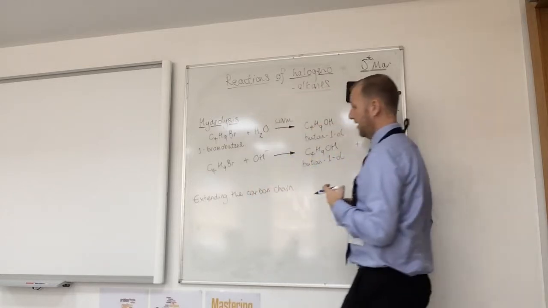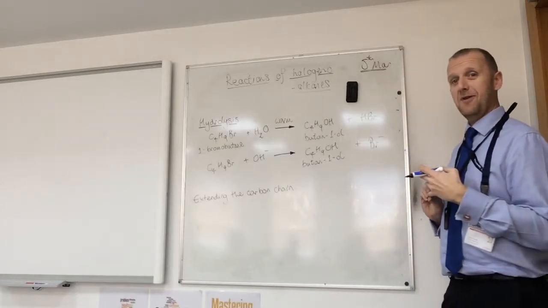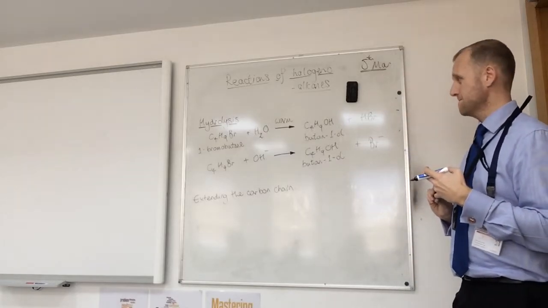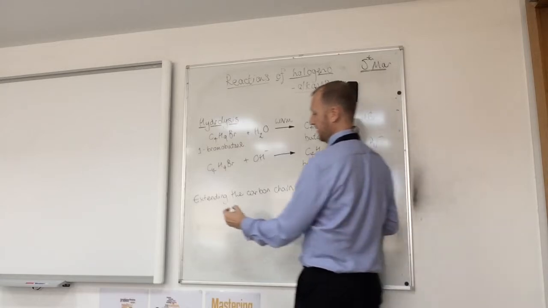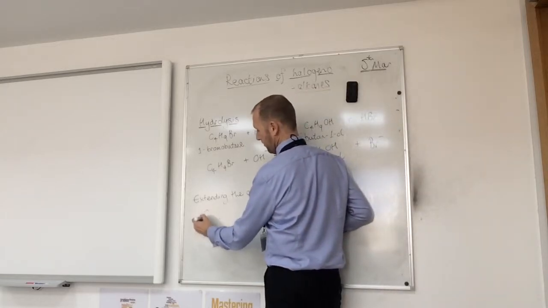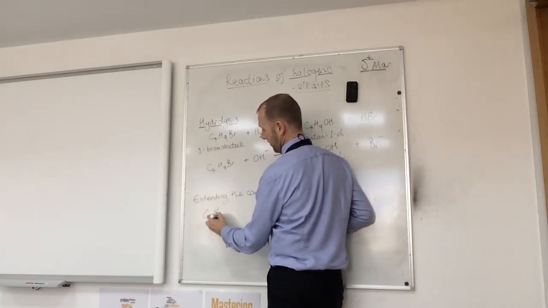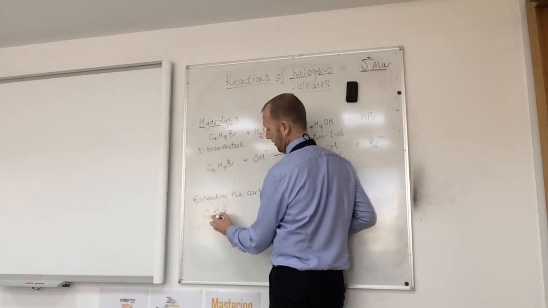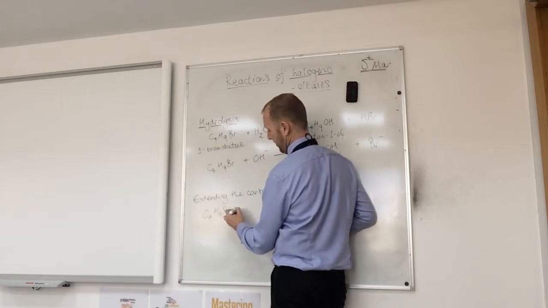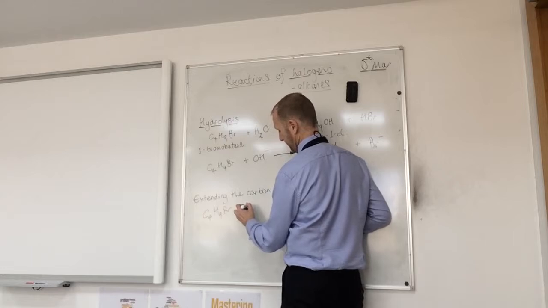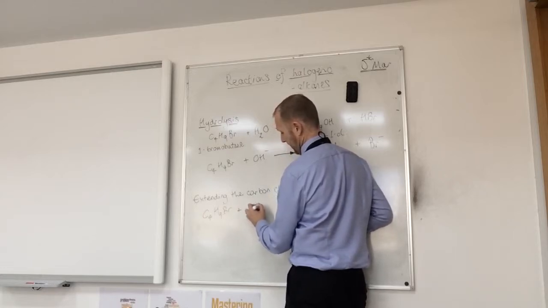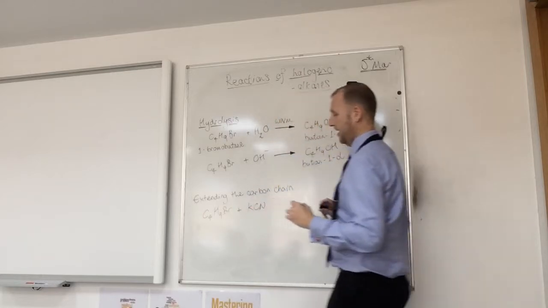Okay, we can extend the carbon chain with a halogenoalkane. So let's start with our 1-bromobutane again, C4H9Br plus this stuff, KCN.